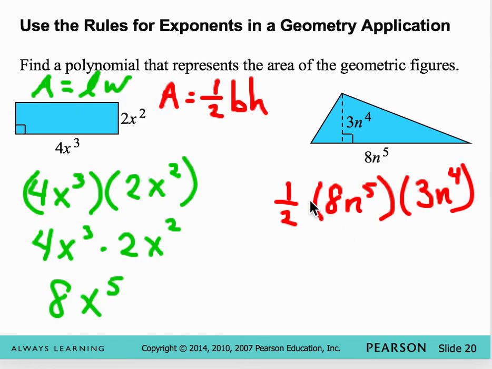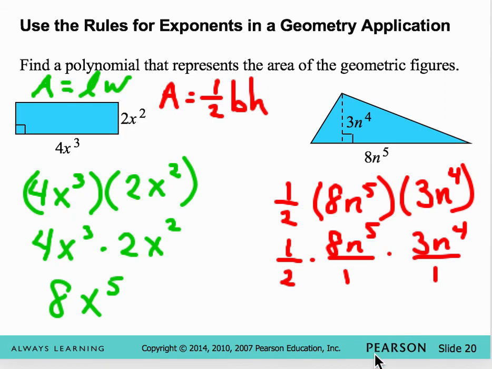Okay, so it's all just multiply. Let's get rid of those parentheses. 1/2 times their fractions. All right, then let's see the fractions. Okay, look, anything that's the same in numerator and denominator can divide out.